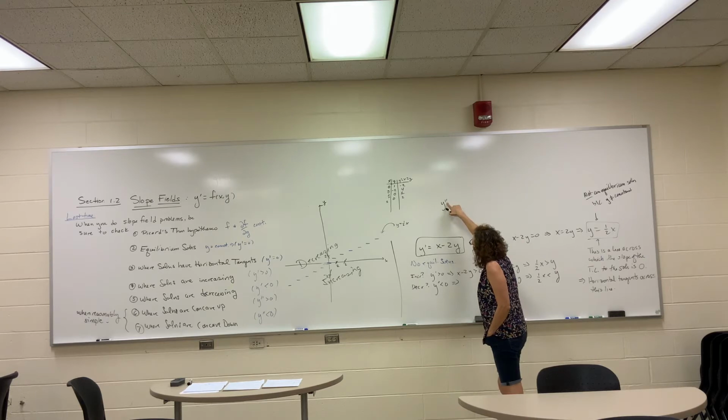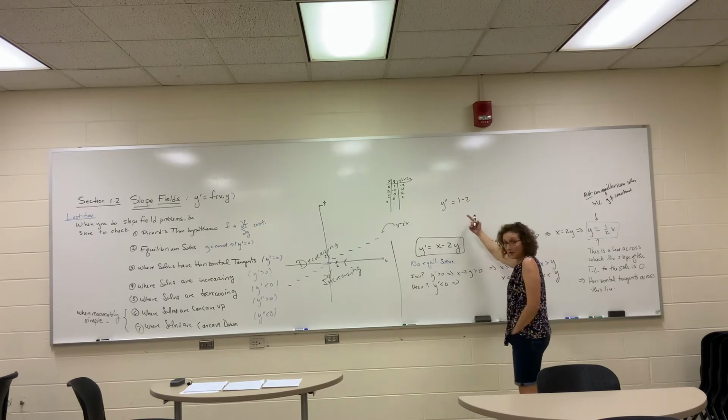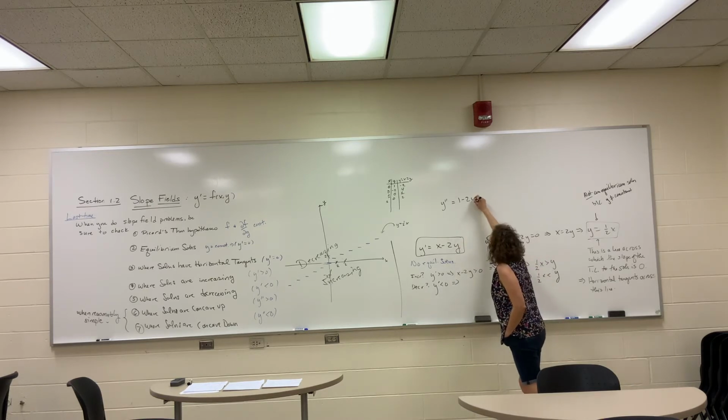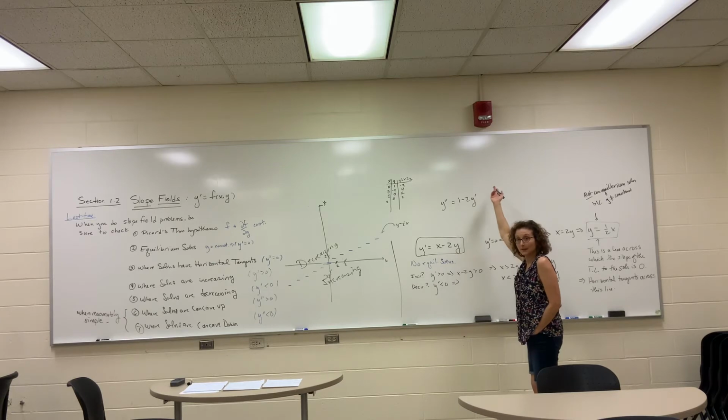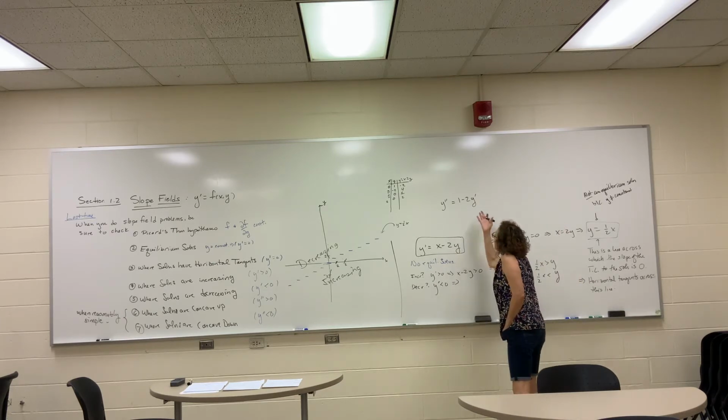We're taking, this prime means a derivative with respect to x, right? That's what we're doing, derivative with respect to x. And so what is the derivative of x? Good, 1, right? Minus 2 times what? Well, what's the derivative of y with respect to x? Very nice, y prime, yeah? Okay, so, well, what do we do with that?